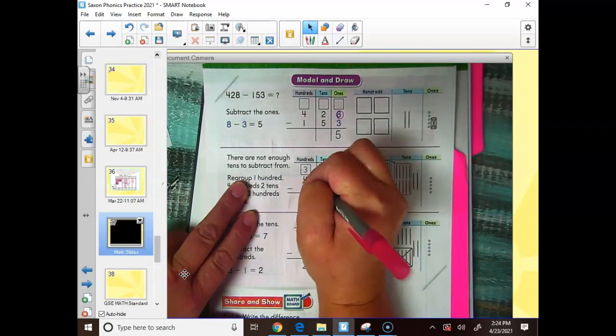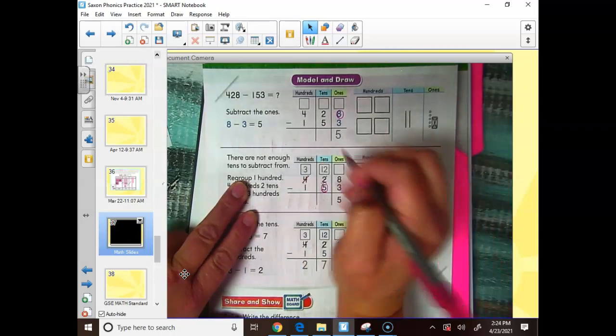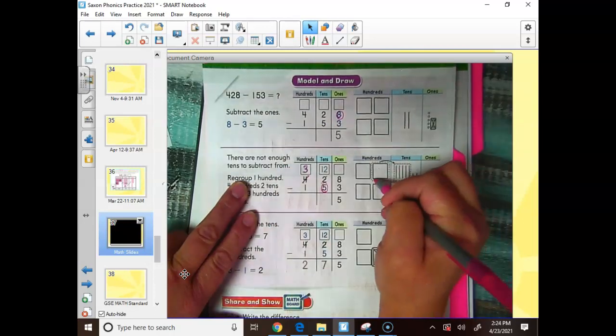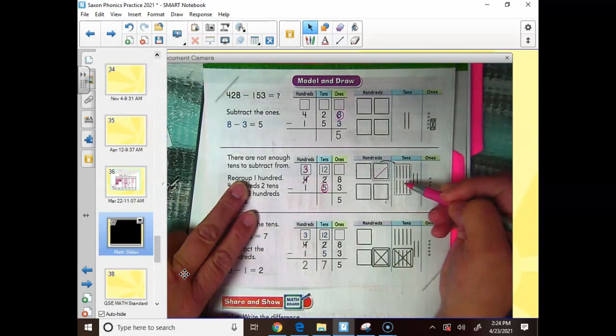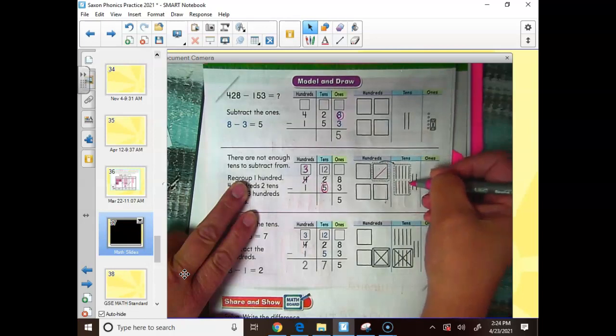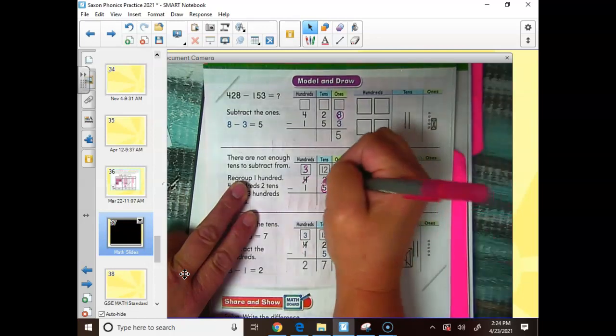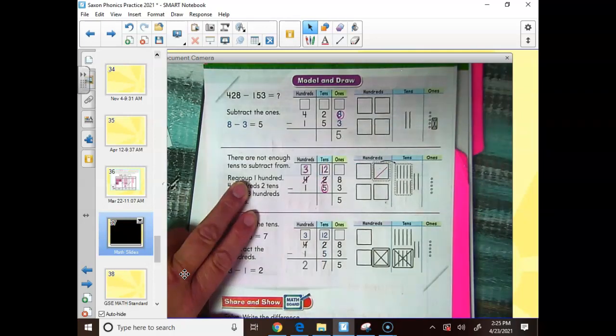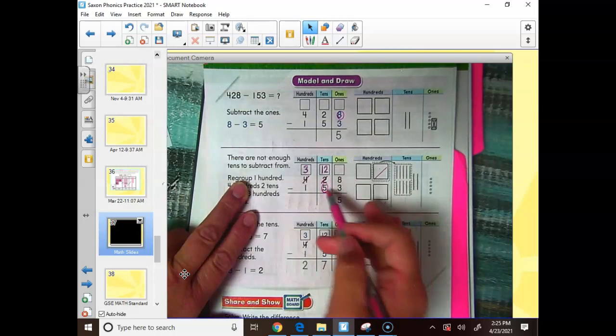So we cross out the 4, take 1 away. It's 3. And we're moving that group over, making 10 tens out of it. Now we're adding those 10 over. So 2 plus 10 is 12. Then you can subtract 12 minus 5.